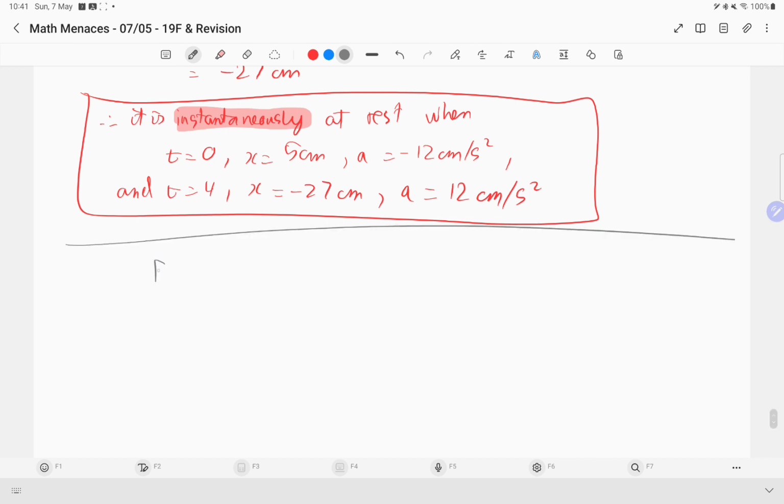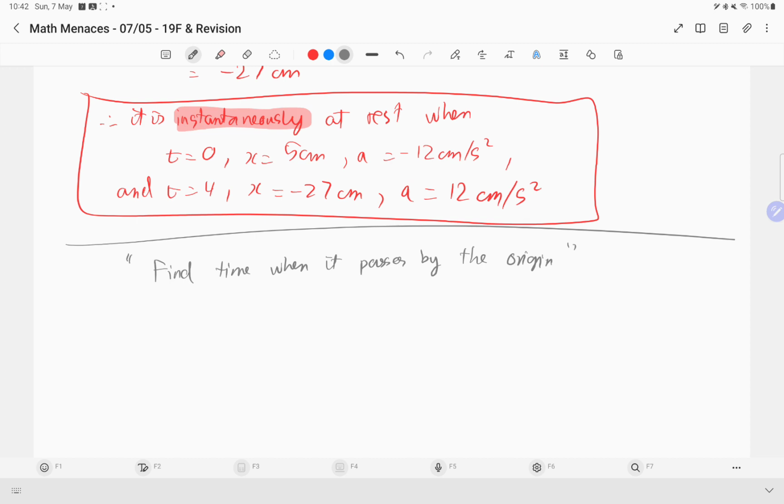So just to check, let's say if you see something like this, find the time when it returns to the origin, or when it passes the origin. What are we finding here?